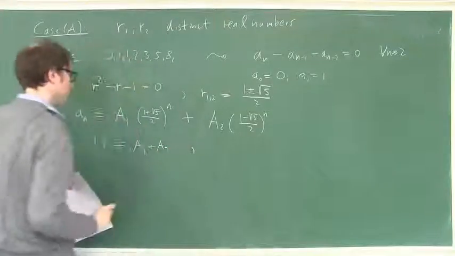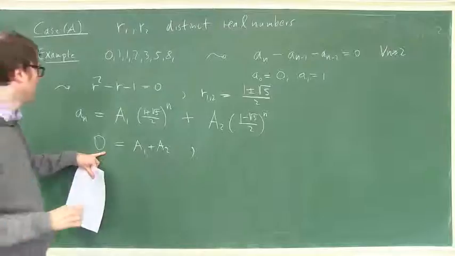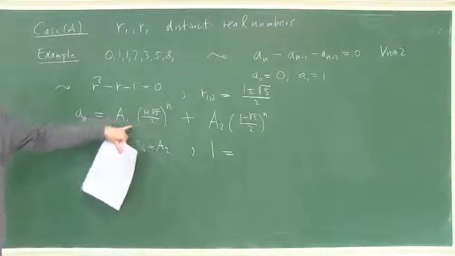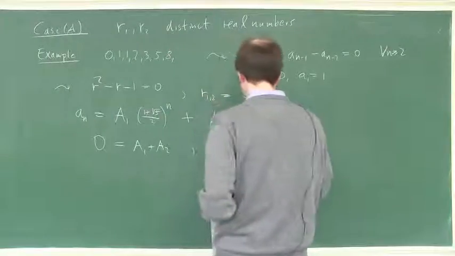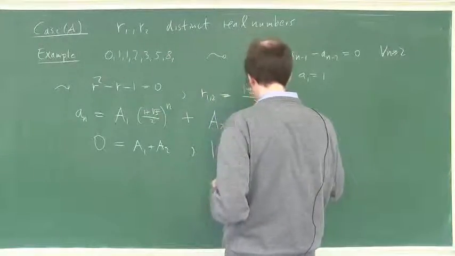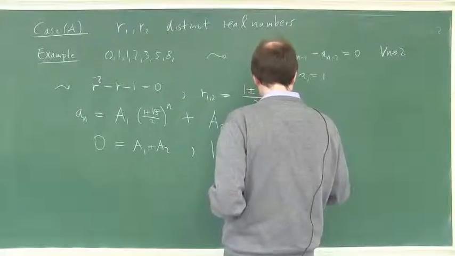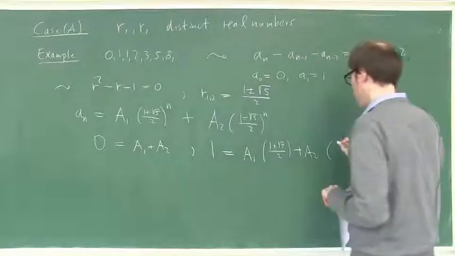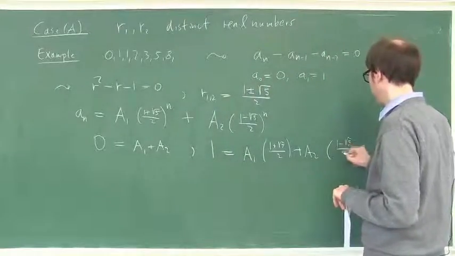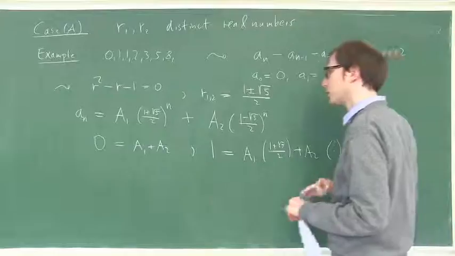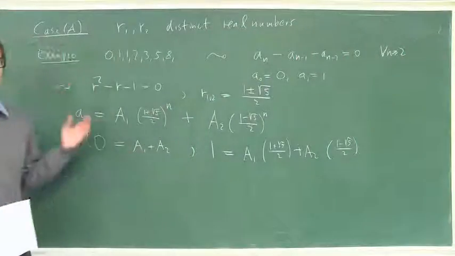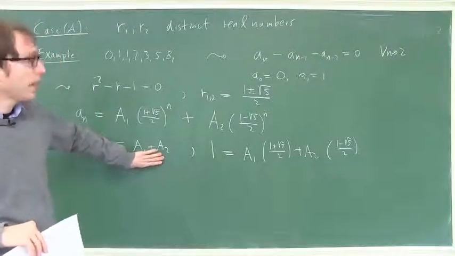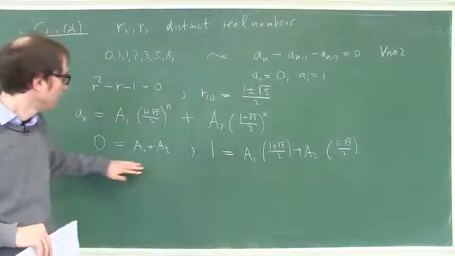And on the other hand, let's plug in n equals 1, so a_1 should be equal to A1 times R1 plus A2 times R2. Right? And now what you see, and this is how it will always work out in this case, is that we have two unknowns, A1 and A2, but we also have two linear equations.